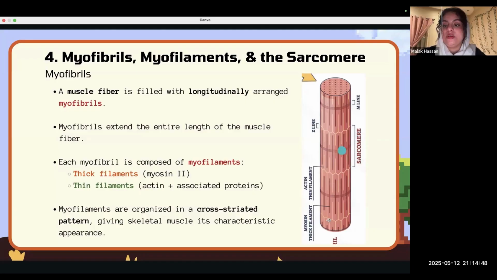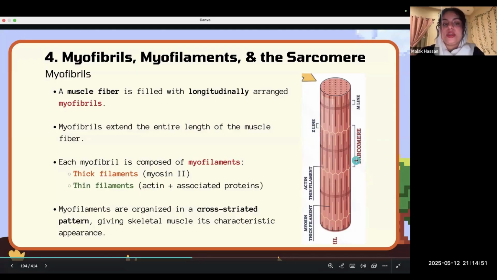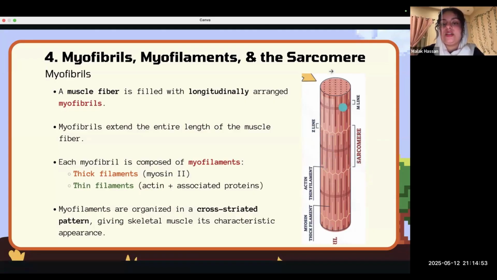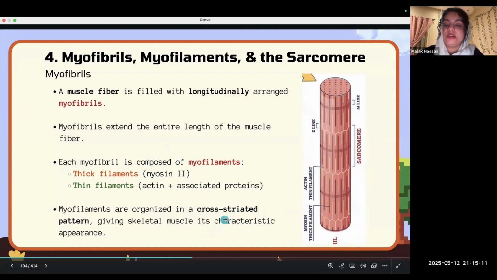This is the myofibril, and the myofibrils extend the entire length of the muscle. Each myofibril has a lot of myofilaments. You have thin filaments and thick filaments. Thin filaments are actin and associated proteins, and thick filaments are myosin proteins. The myofilaments are organized in a cross-striated pattern, which gives skeletal muscle its appearance.